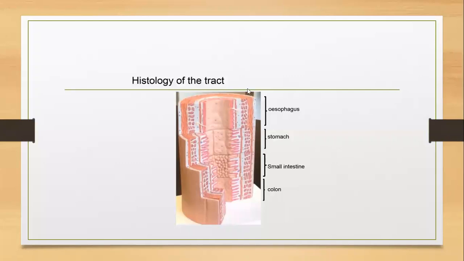So if you look at the muscles of the GIT, remember we are discussing the longitudinal muscles and the circular muscles. You can see that the thickest layer is in the esophagus because it's the one that requires to push that food towards the stomach.